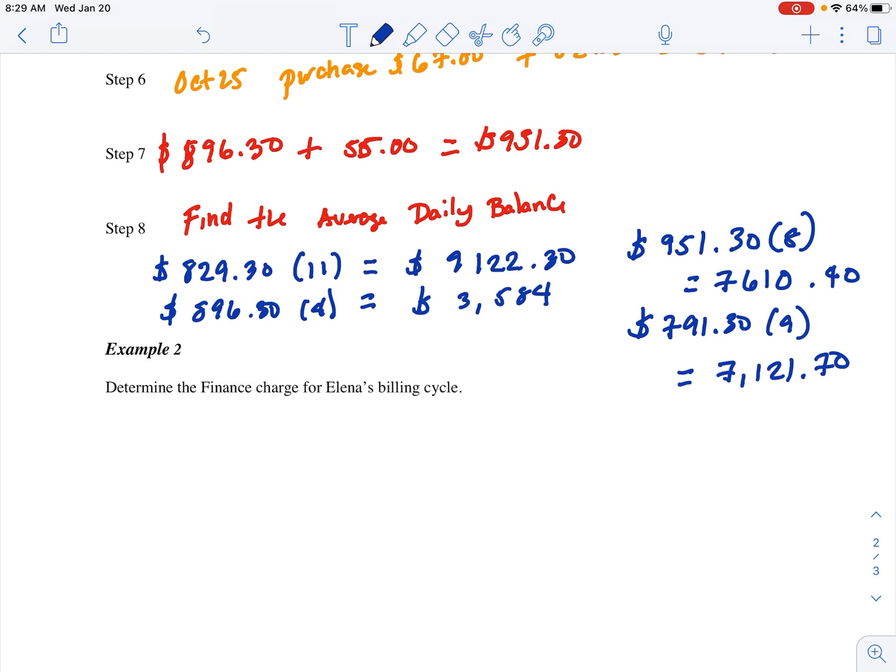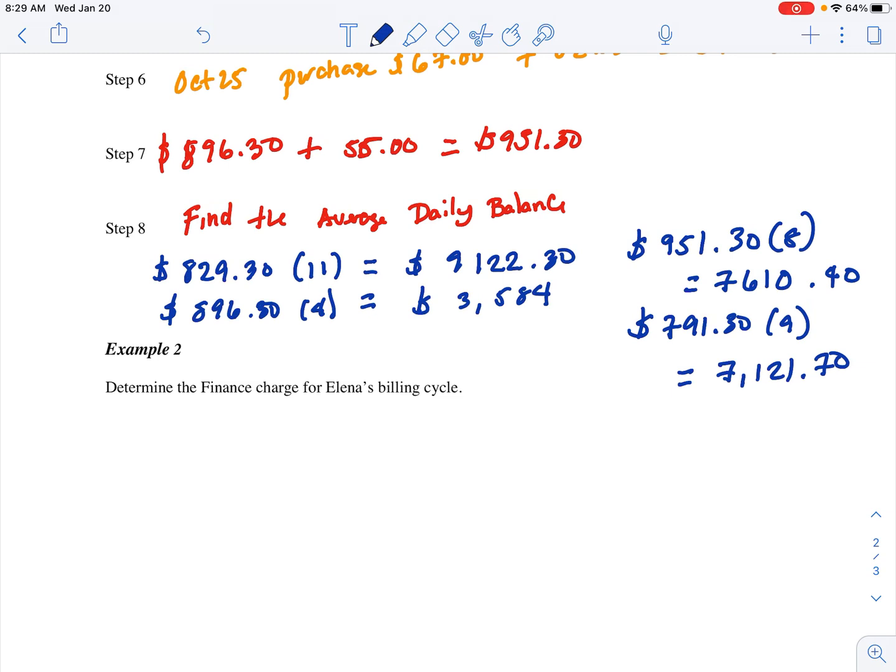9122.30 plus 3584 plus 951.30. Oops, wrong one. 7610.4 plus 7121.7.